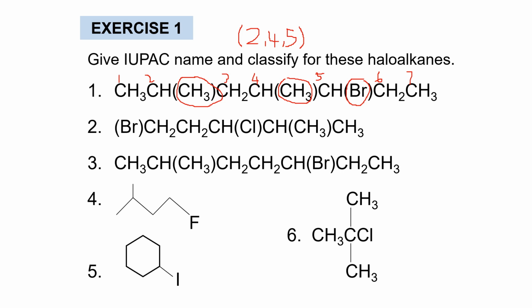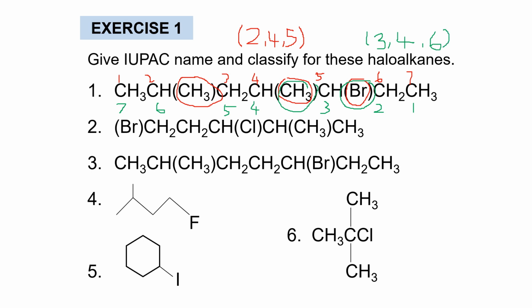If you start numbering from the right side, you still get heptane as the parent, but the first substituent, bromine, gets position number 3, then methyl on 4 and another methyl on carbon 6.